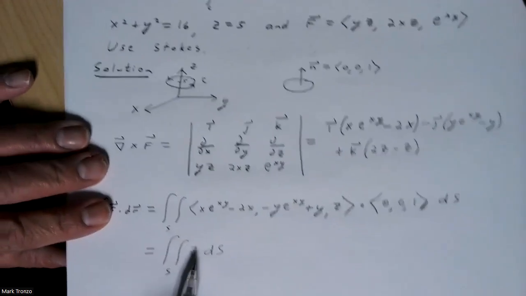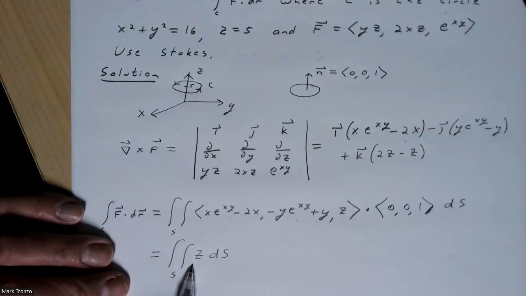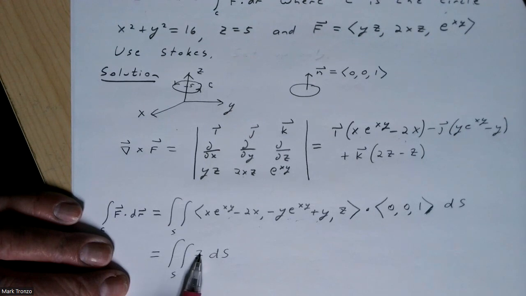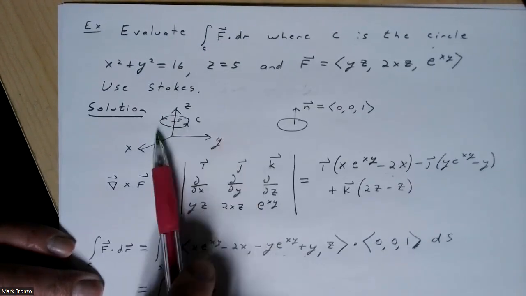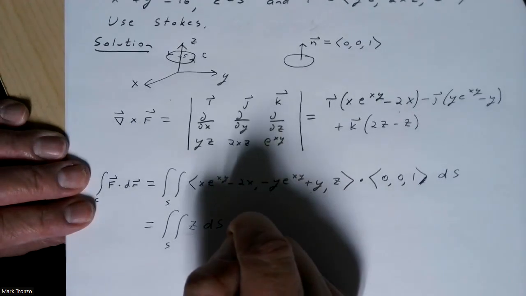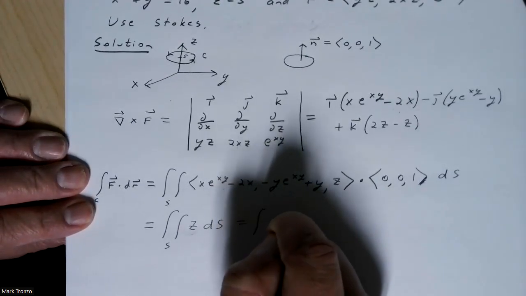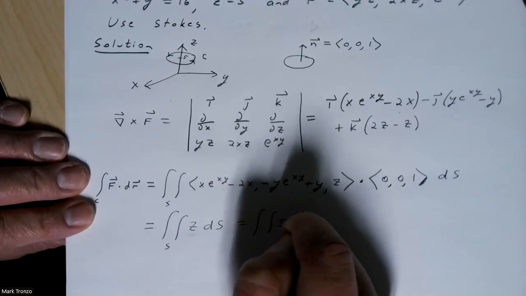So now remember, whenever we end up, say, with a z in here, we're always going to replace that with its value on the surface. Now, in this case, z was equal to 5. So we can just replace z with 5.